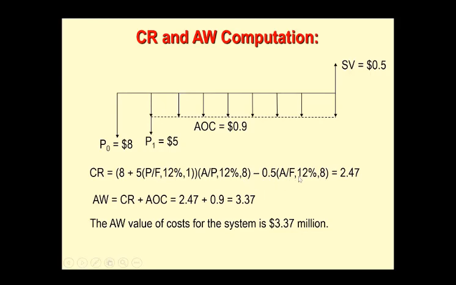Now minus the service value 0.5 times the sinking fund factor. The sinking fund factor is given future value, find the annual values. So we get the capital recovery for this project is $2.47.